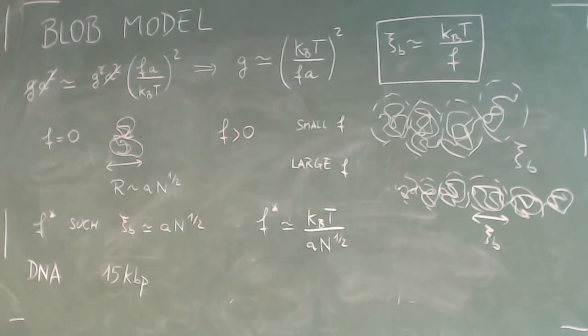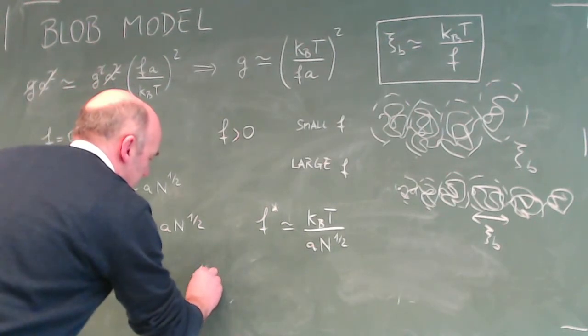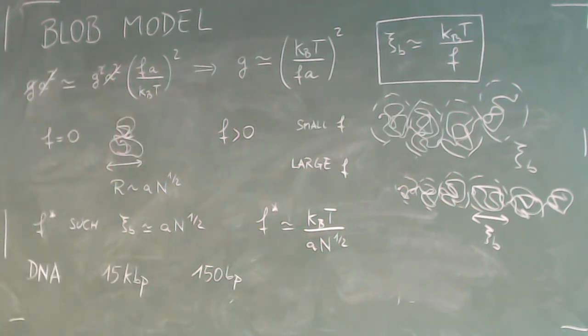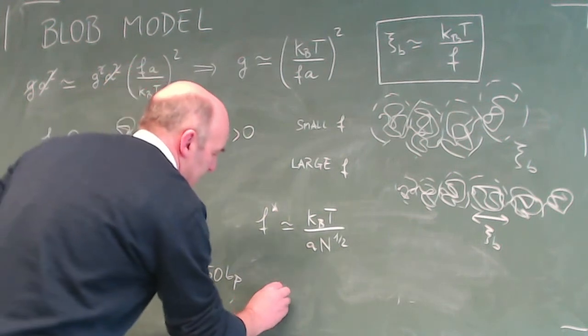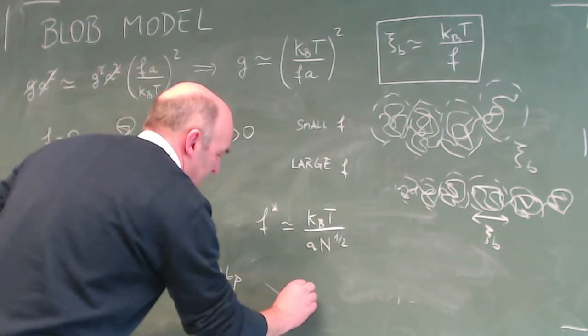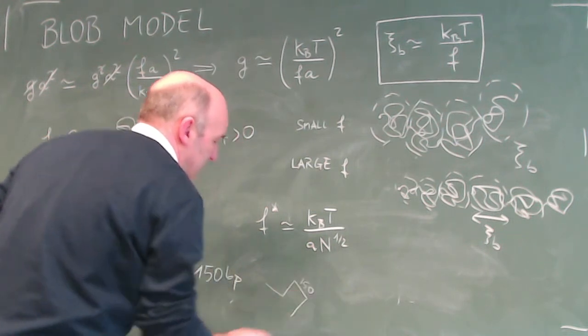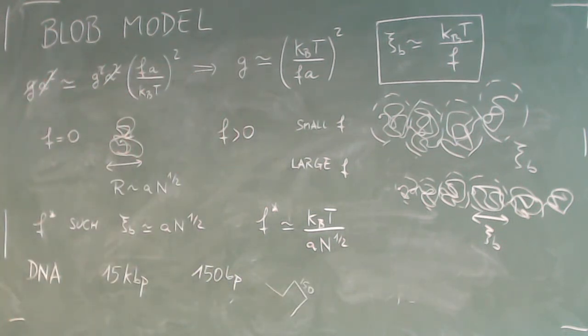All right. So we know that the persistence length of the DNA is 150 base pairs. So it roughly means that I can consider my DNA like a set of random freely jointed chains of length each of 150 bases.